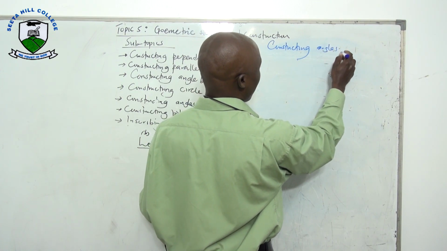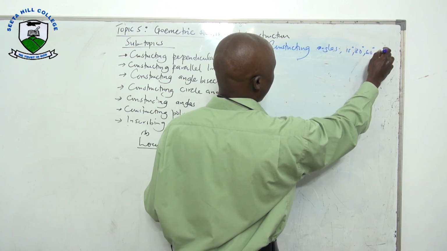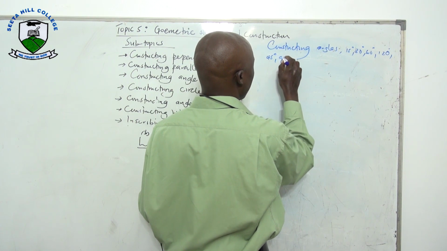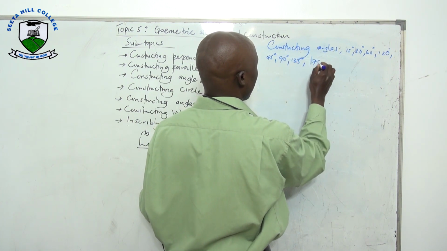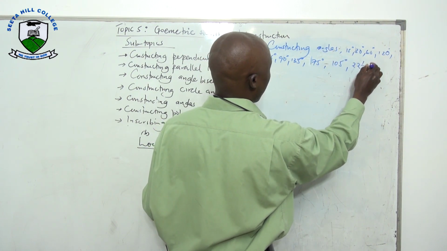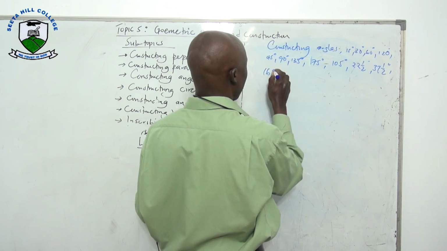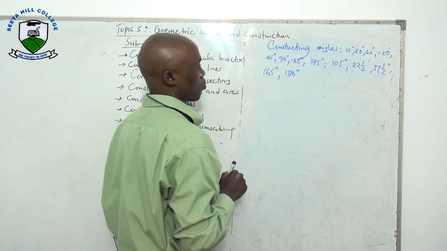Constructing angles, we have 15, 30, 60, 120, 45, 90, 135, 75, 105, 22 and a half, 37 and a half, 165, 180. Yeah.